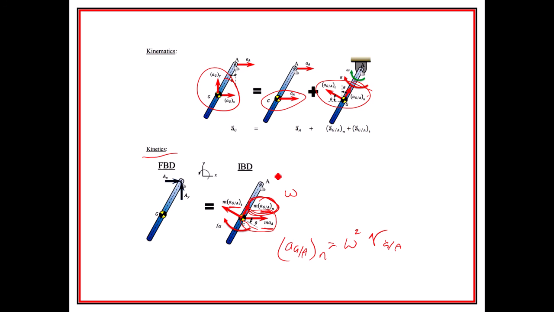Yeah, if we take it in the normal direction, and we take the sum of the moments about A, and the sum of the moments right here, that's not going to work for us. Yeah, that's going to allow us to get what this alpha is going to be, and then we're going to be able to get it in the x direction.